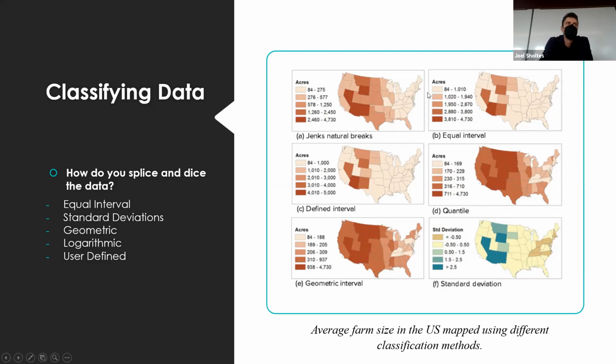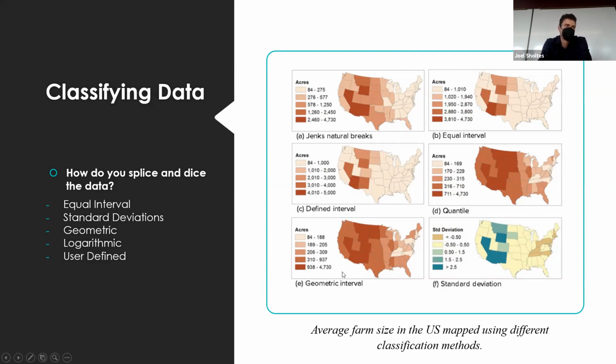If I did just the equal interval, I might have a ton of data in some of these bins and very little data in some other bins. And so it's just a way to make sure you're representing the data equally. But does that make sense for this particular map? I don't know.